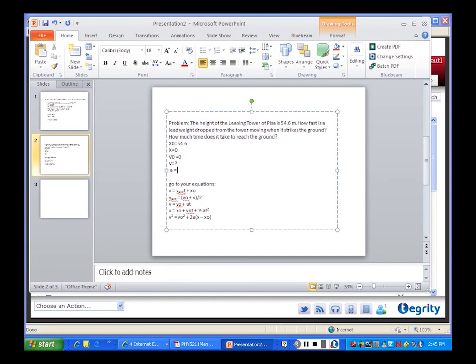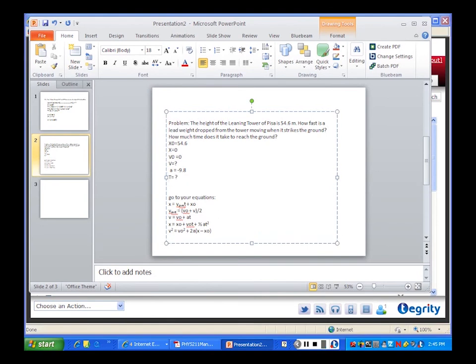Because we're going positive up. So the acceleration of gravity, being downward, is directed in the opposite direction. So I'm going to give that a minus 9.8. Now I'm leaving out the proper units, in meters and meters per second and meters per second squared. And do we know the time? Well, the answer is no, we don't know the time, but that's one of the things we're looking for, t.